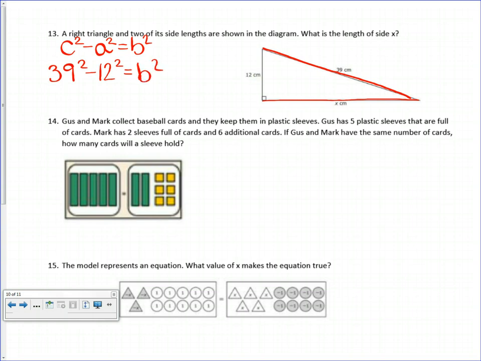So 39 squared is 1,521. And you're going to subtract 144 from that. 1,377.